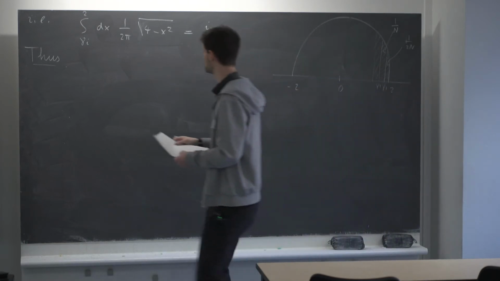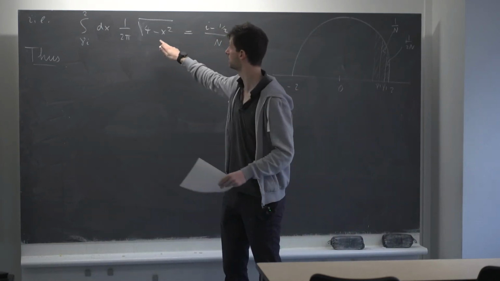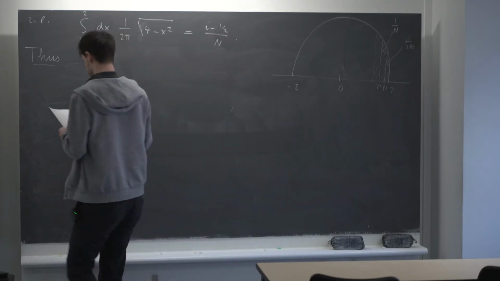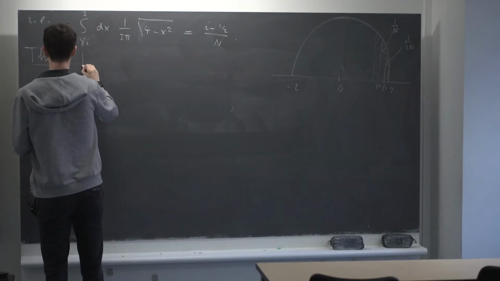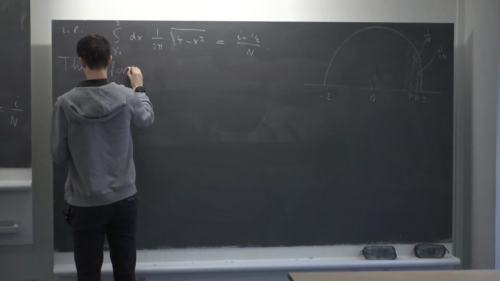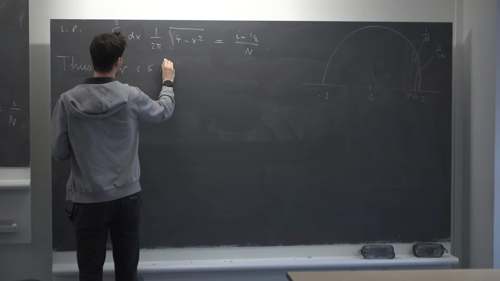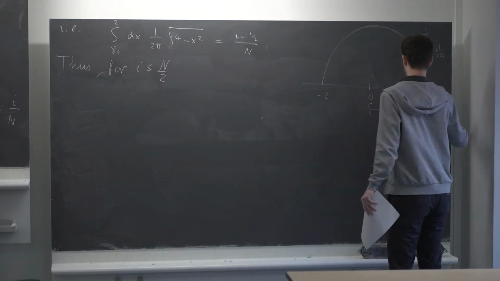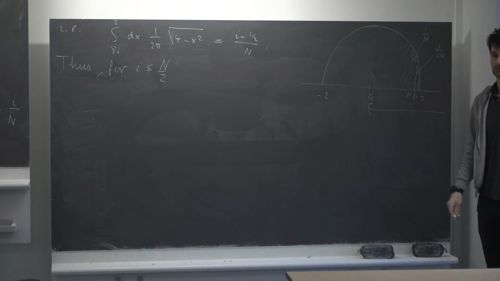In fact, it's an easy exercise, which I will leave to you to check the following asymptotic. Let me only look at the guys in this area here, so i is less than or equal to n over 2.